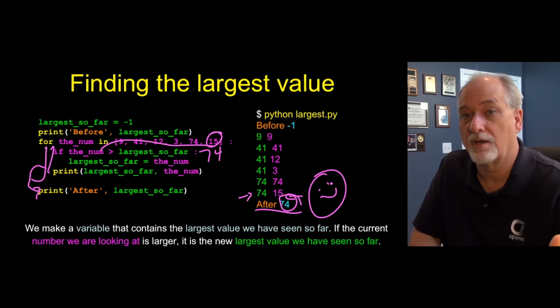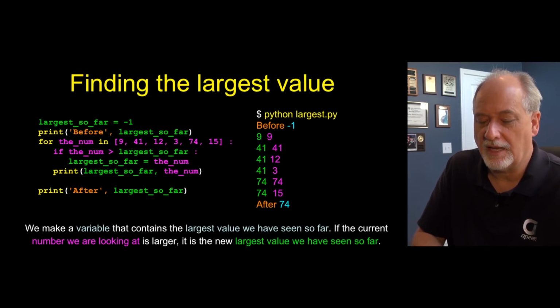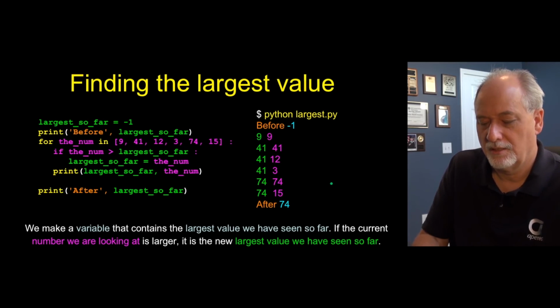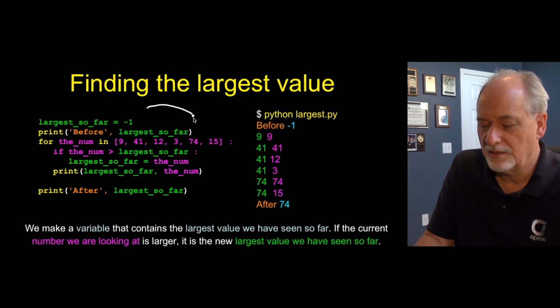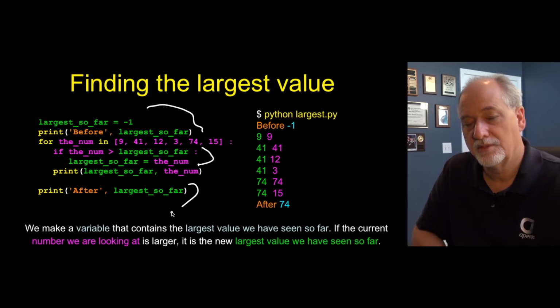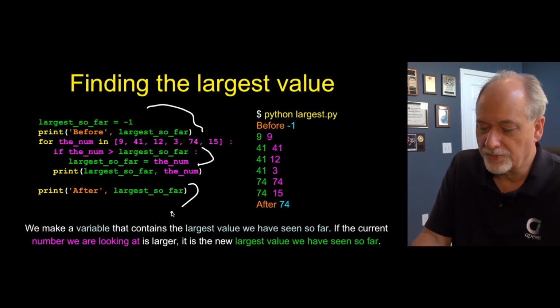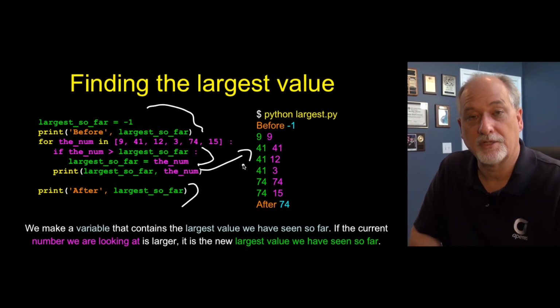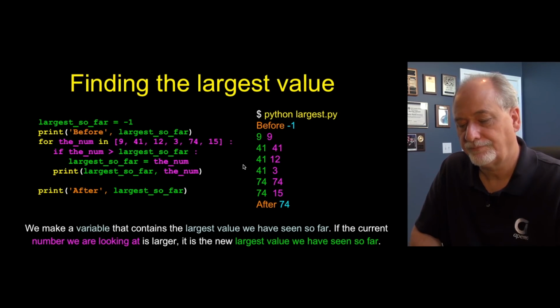So largest so far became largest when our loop finished. So that sort of gives you this notion of how we construct something at the beginning, some kind of thing that we're going to do over and over again, and then something at the end. And we put some print statements in just so we can watch it and see what's going on.